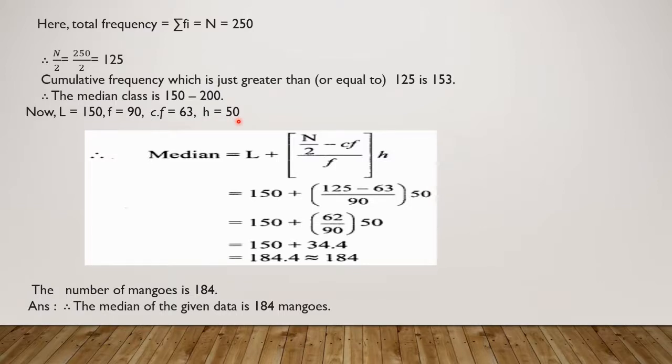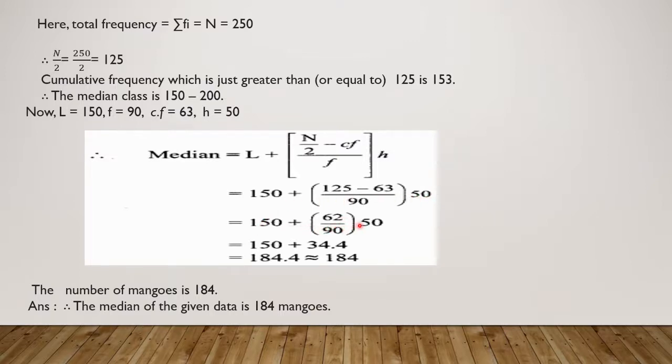The equation for median is L plus (n upon 2 minus CF) upon F into H. Substituting all values, 150 plus (125 minus 63) upon 90 into 50 equals 150 plus 62 upon 90 into 50.